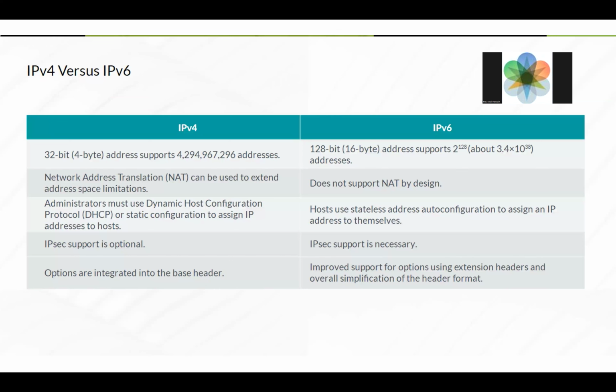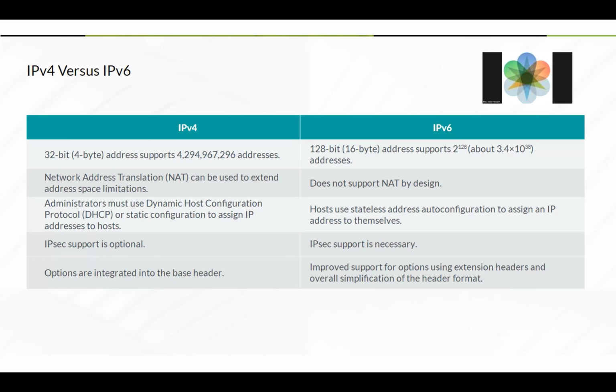And this is the comparison between IPv4 and IPv6. Okay, so if you compare regarding bits, IPv4 is 32 bit, but IPv6 is 128 bit. You can say IPv4 is 4 bytes and IPv6 is 16 bytes.